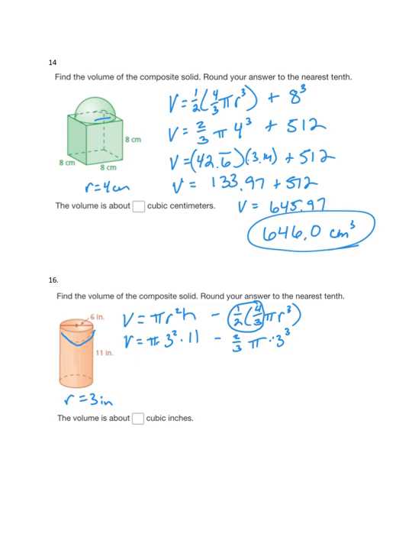Okay, we'll simplify a little bit here. So our volume, 3 squared is 9 times 11, that's 99 pi, minus 3 cubed is 27, times 2/3 is 18, so that's 99 pi minus 18 pi.